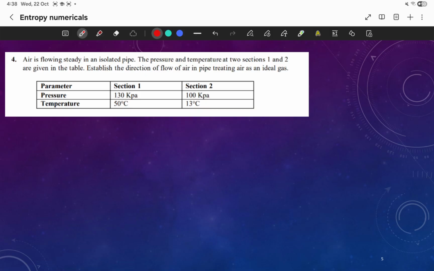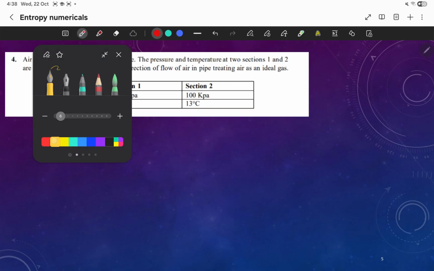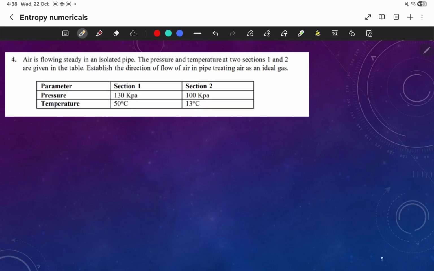Air is flowing steady in an isolated plate. Okay, so here air is flowing in an isolated plate.